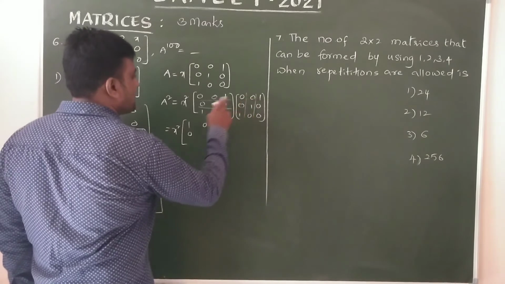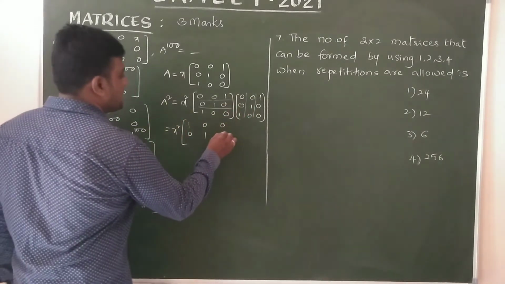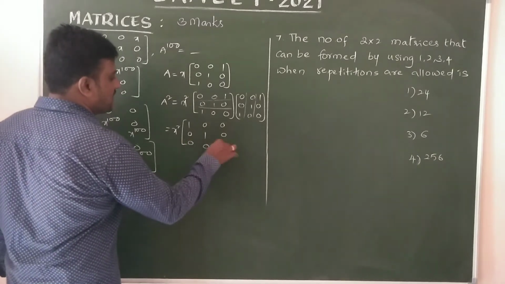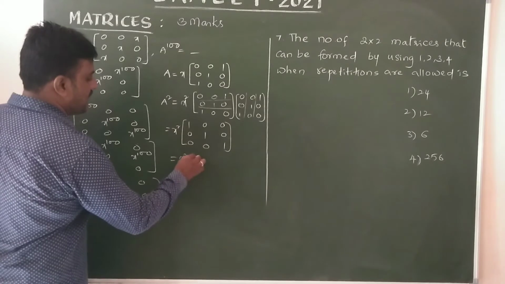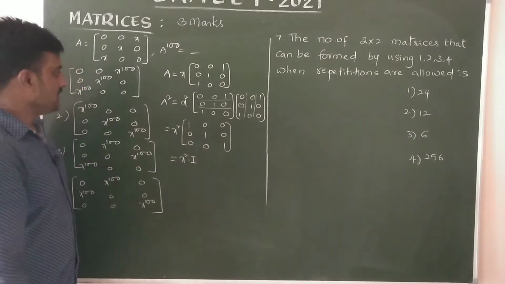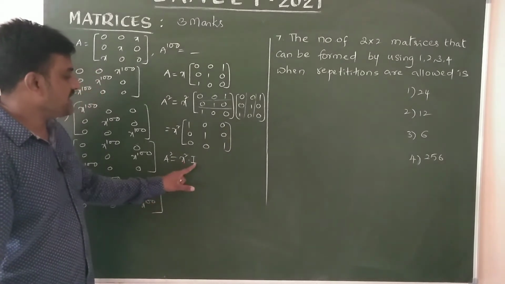Then 0 into 1, 1 into 1, 0 into 0, then 1. Similarly the last row is 0 0 1. Clearly we got x square into I. A square is nothing but x square into I.